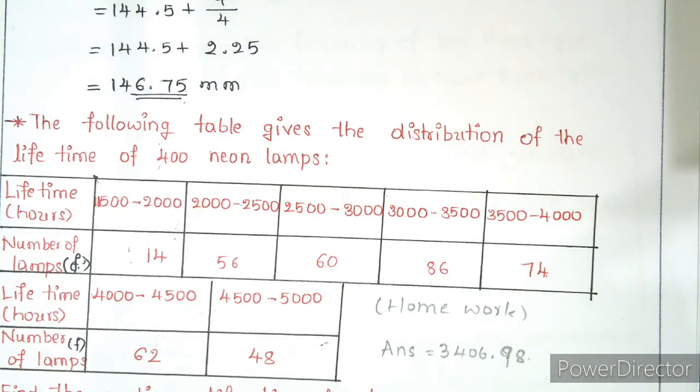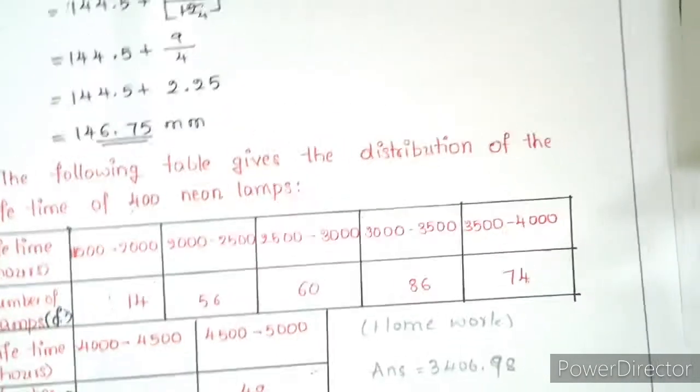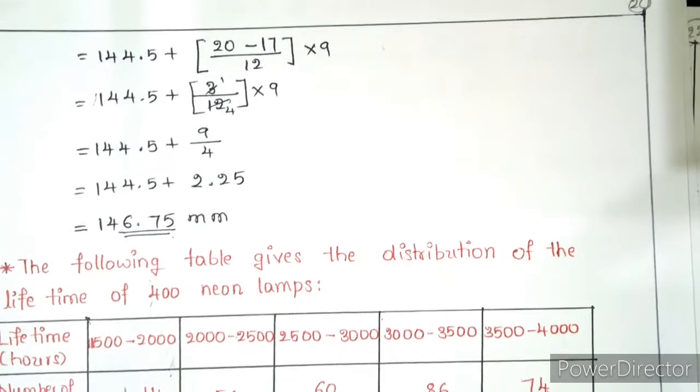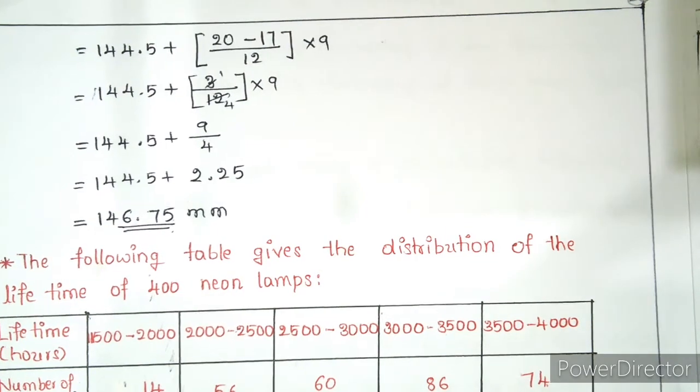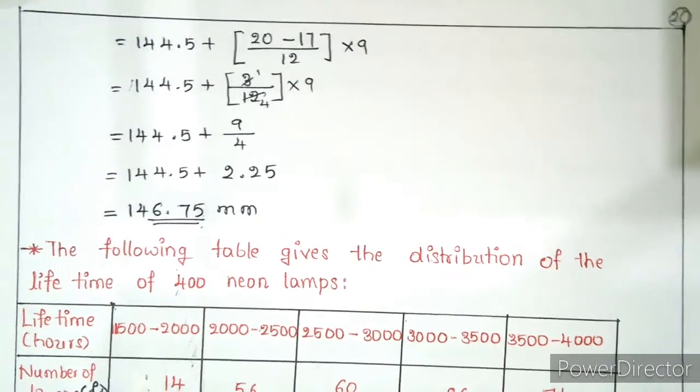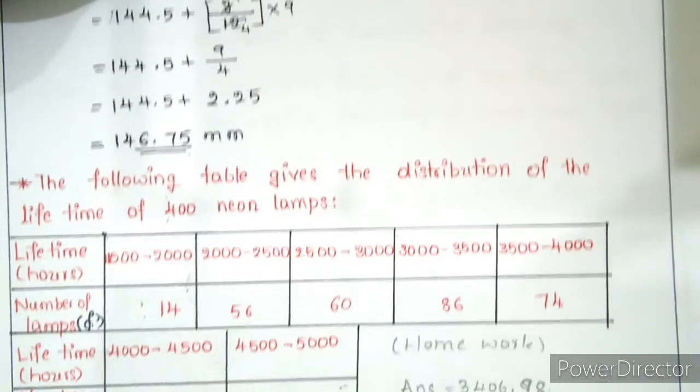So substitute the values: 144.5 plus (20 minus 17) divided by 12, into 9. So 144.5, and 20 minus 17 you get 3, divided by 12, into 9.